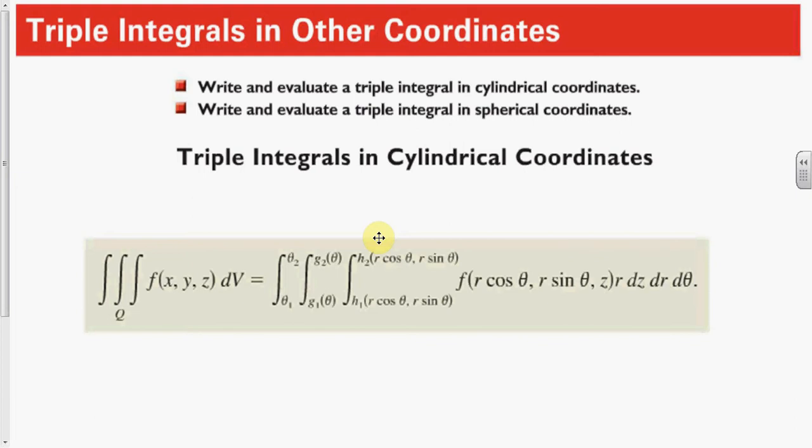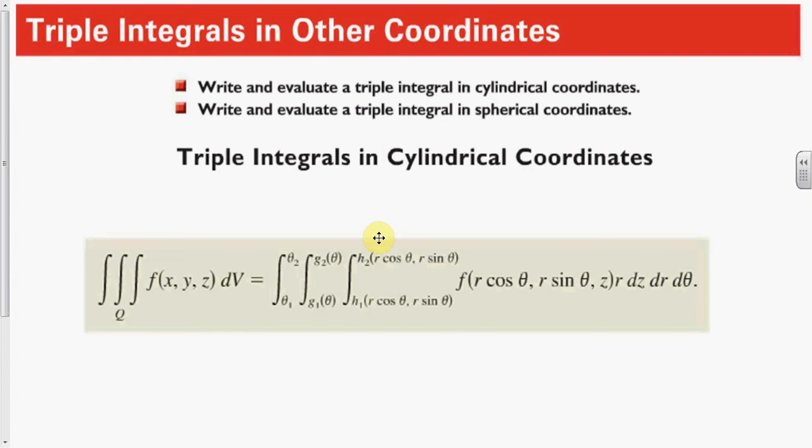Remember, x is r cosine theta, and y is r sine theta. For cylindrical, you think it's the same as polar, but for polar coordinates, you're only concerned with x and y. If you talk about polar coordinates in the third space, x, y, z, you just change the name and just call it cylindrical. So it's the same thing.